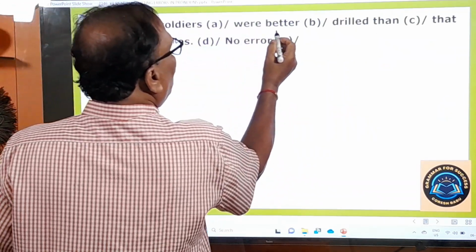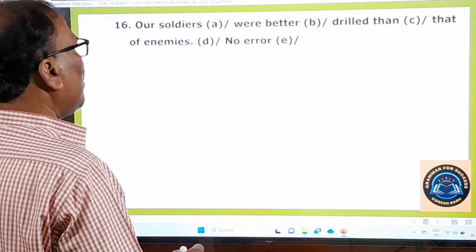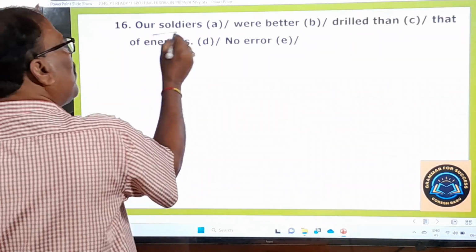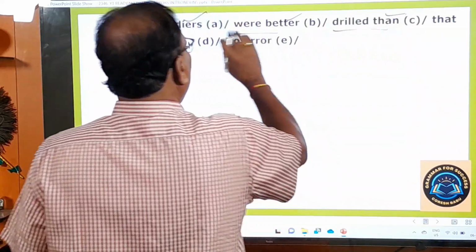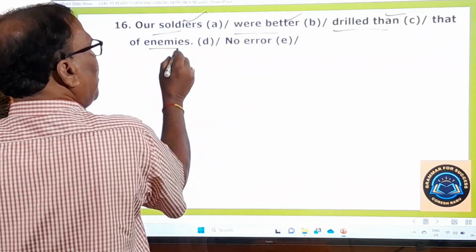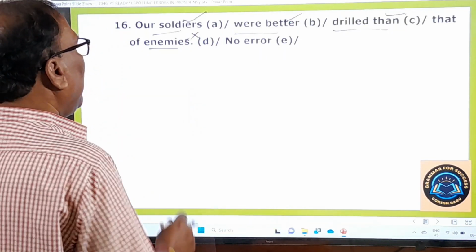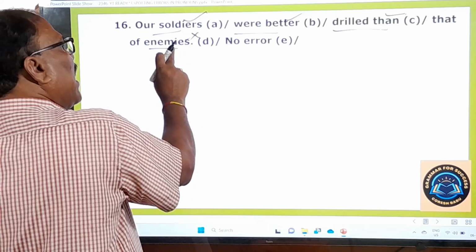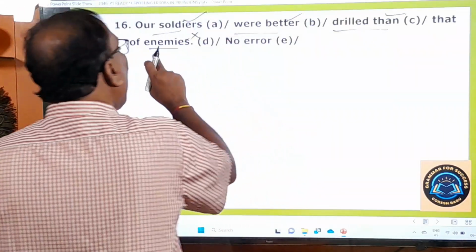Our soldiers were better drilled than that of enemies. If you observe this sentence, our soldiers were better drilled than, comparative adjectives. You are comparing soldiers with enemies. But this D part is not okay. Why? Here you are comparing soldiers with enemies.